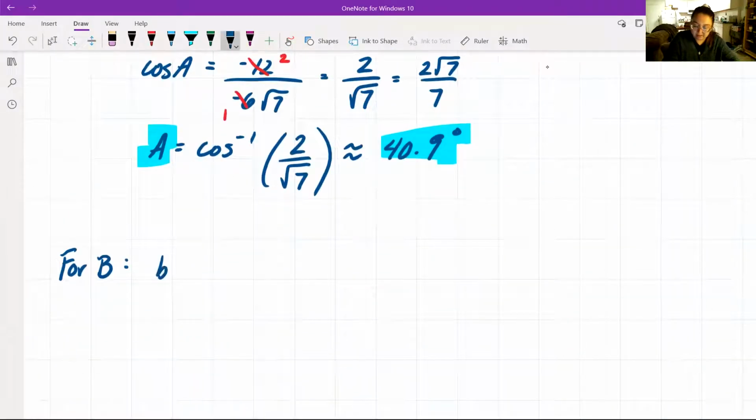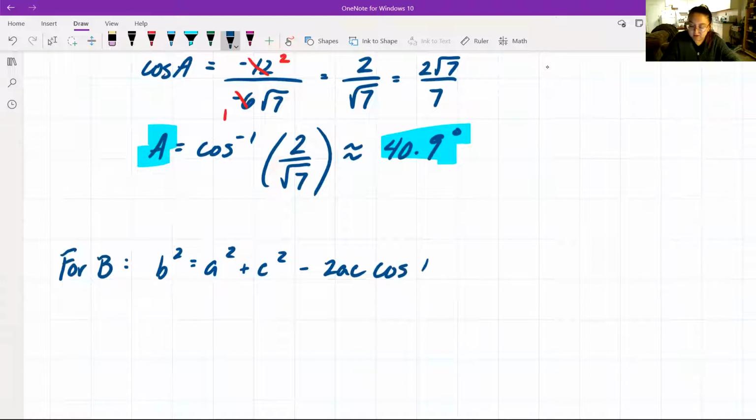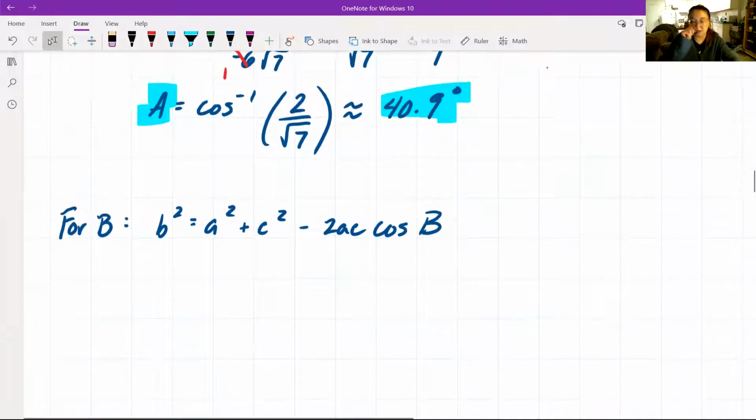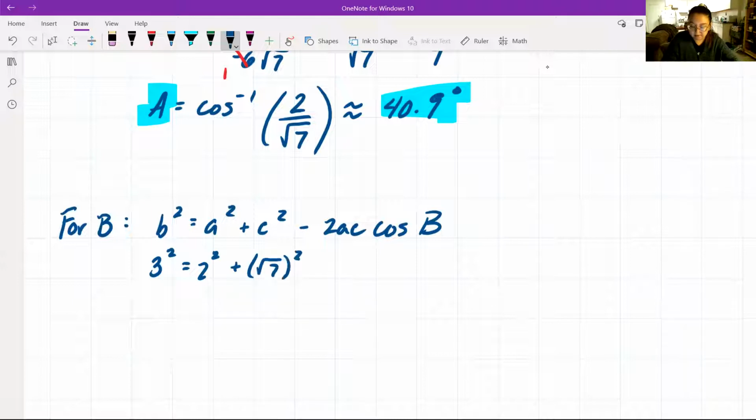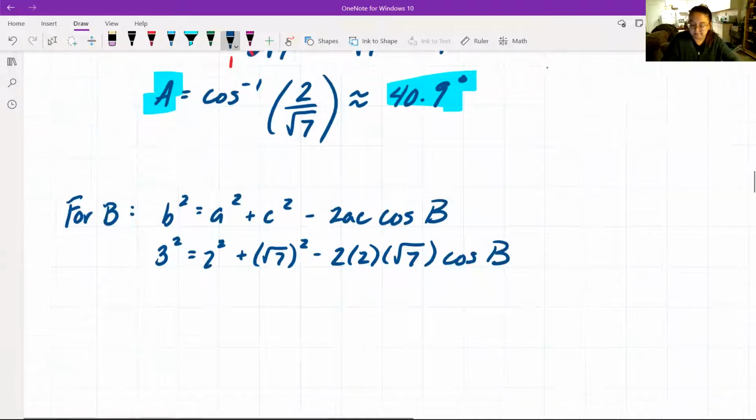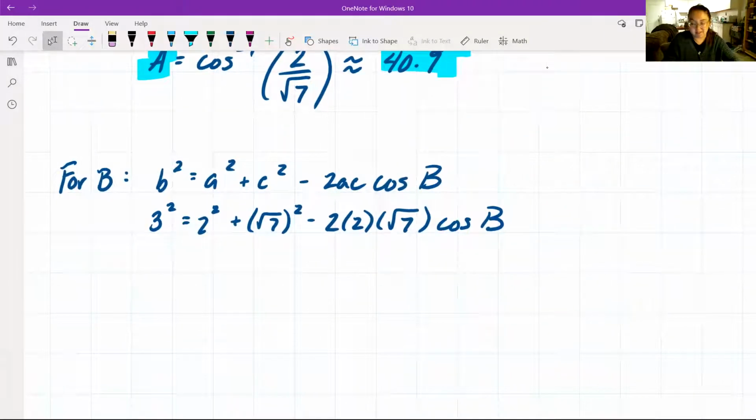So for B, we get B squared is equal to A squared plus C squared minus 2 times AC times cosine of angle B. So once again, plugging these values in, B is 3, so we get 3 squared is equal to A squared, which is 2 squared, plus C squared, which was the square root of 7 squared, minus 2 times A, so 2 times 2 times the square root of 7, times cosine B. And from here, we'll just simplify.